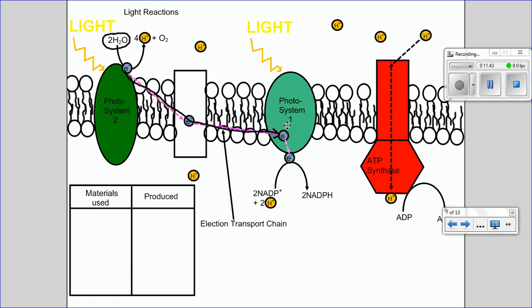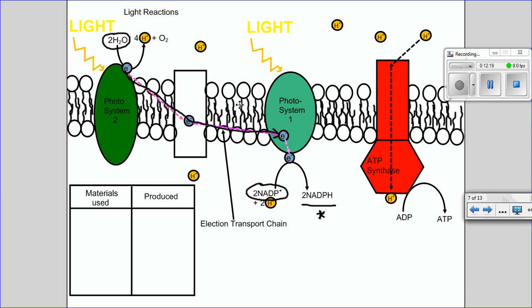By this time, the electrons have lost a lot of their energy, so light hits photosystem 1, which re-energizes the electrons and pushes them down in order to attach these 2 hydrogens to a molecule we call NADP+. NADP+ attaches to a hydrogen to create NADPH. So this is a chemical reaction, and your product is your NADPH. This will be important for later on.